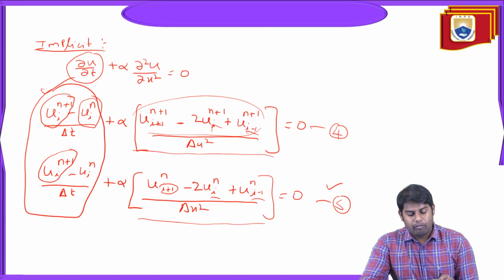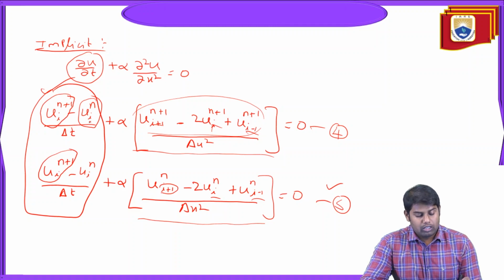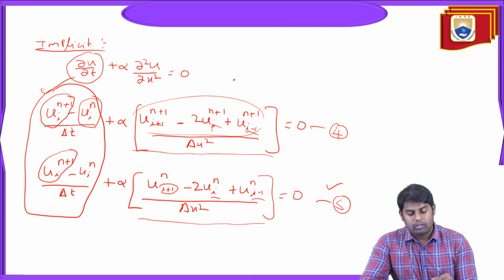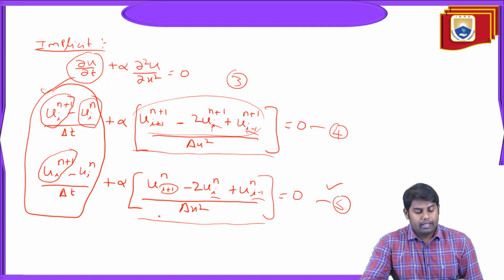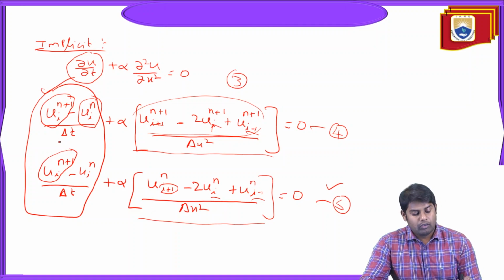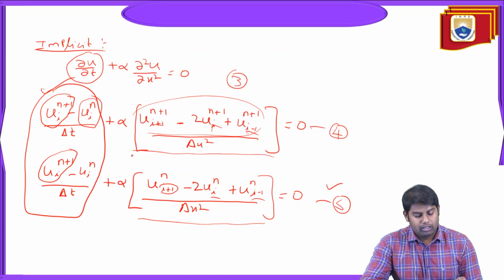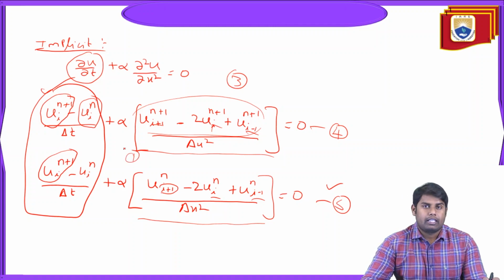So the number of unknown parameters will be 3 here, and the number of unknown parameters here will be 1. That is the difference actually.